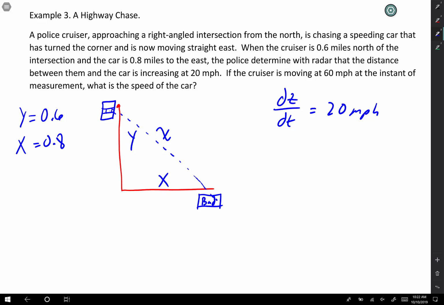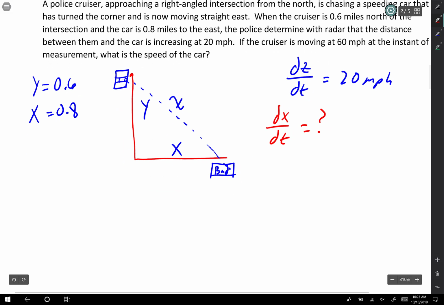All right, so what do they want? They want dx/dt. That's what they want, guys. What does it say? dz/dt, that's the radar change. So they want dx/dt. Does that make sense to everyone? So I'm going to write what I do know. How fast is the cop car moving? 60 miles per hour.